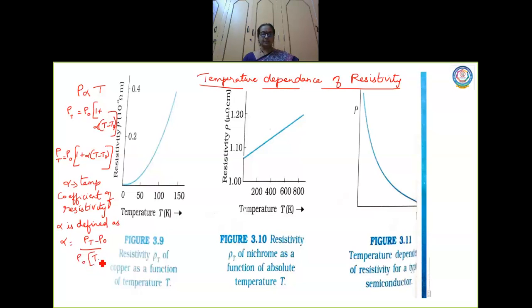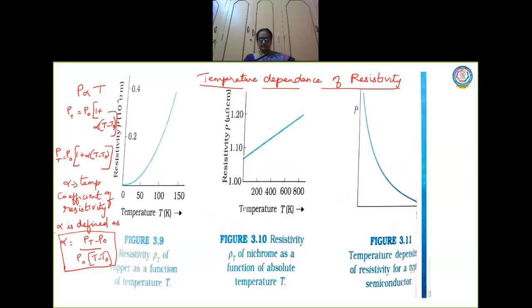So I will have T minus T naught. Now this is the formula for alpha. Alpha is defined as the ratio of increase in resistivity per degree rise in temperature to its resistivity at T naught. So this is the definition for resistivity.